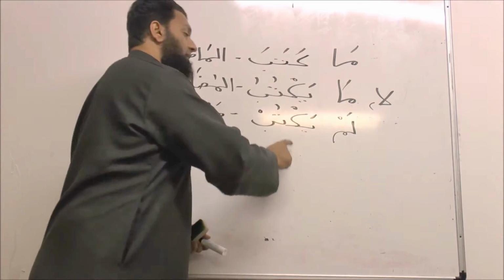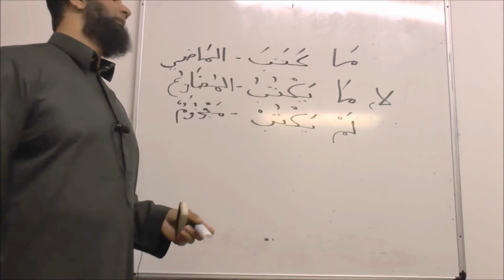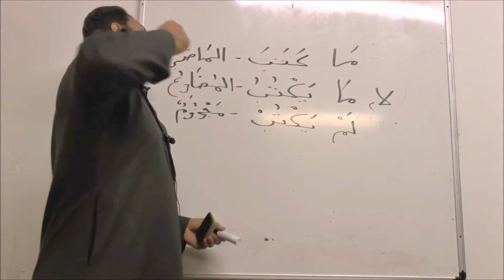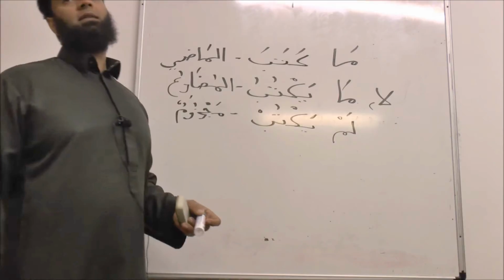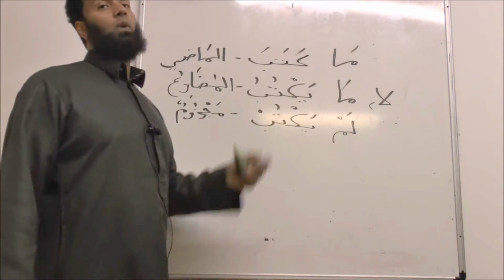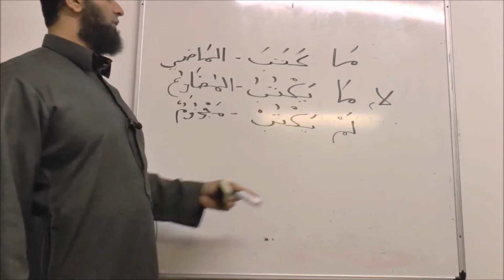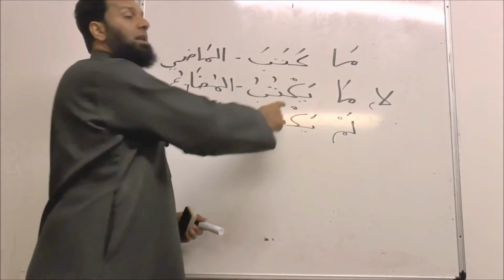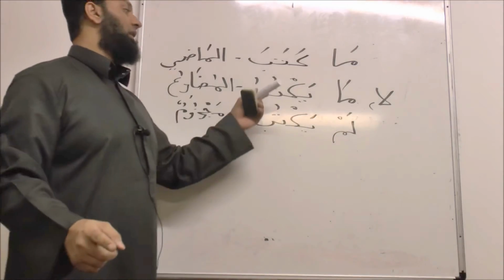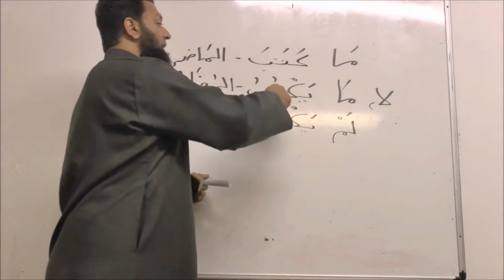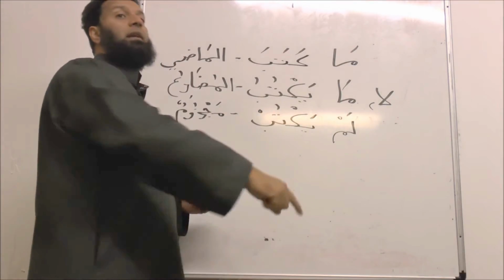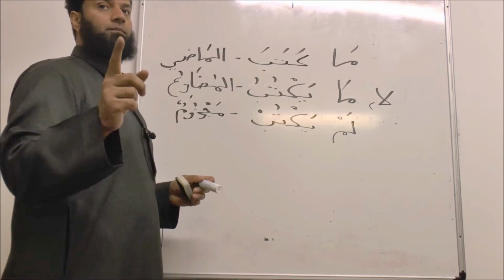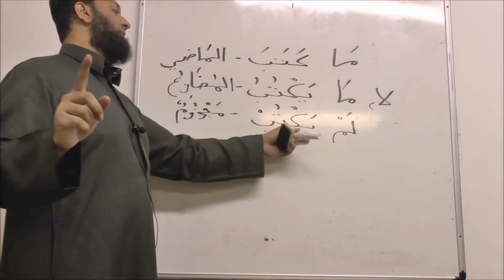So the present, yaktubu, he is writing, became lam yaktub, he did not write. Don't confuse lam yaktub with ma yaktubu or la yaktubu, which mean he is not writing, whereas this is he did not write. So that's lam.